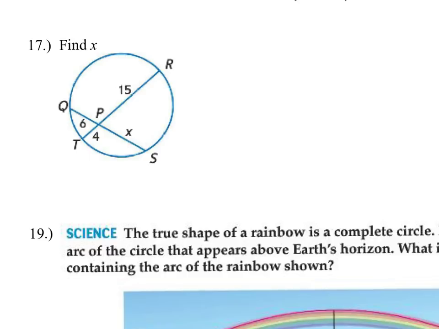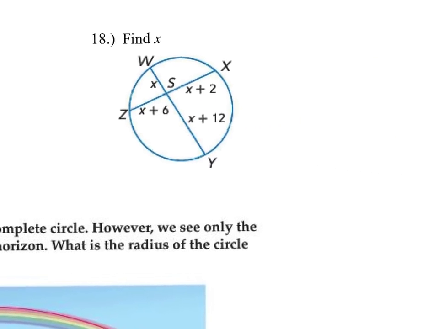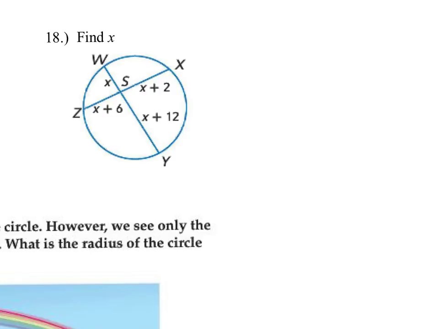But let me give you some help on number 18, because it's the same idea, but there's a little more algebra involved. We have two chords intersecting inside of a circle. So the product of the pieces of one chord would be equal to the product of the pieces of the other chord. And of course, when I say pieces, I mean the measures of those pieces. Let's start with this chord ZX.